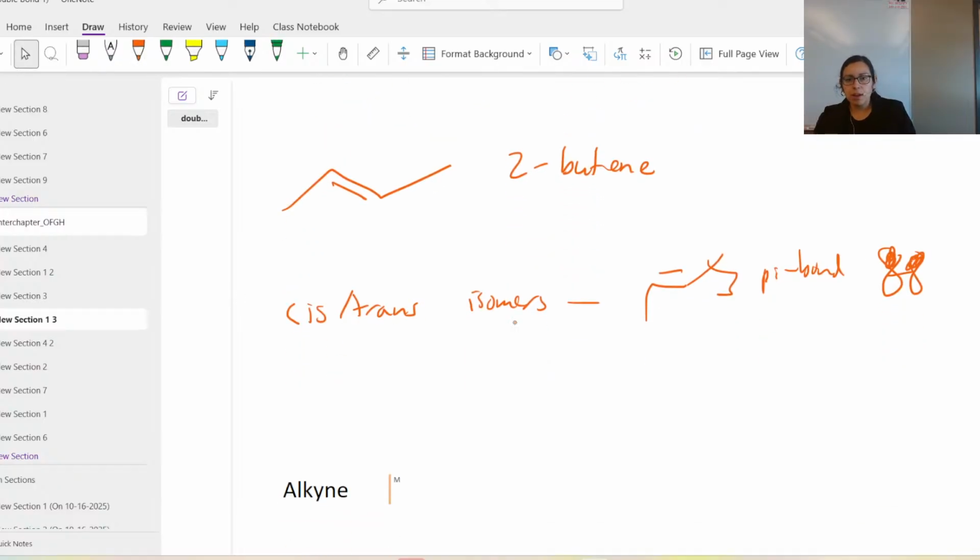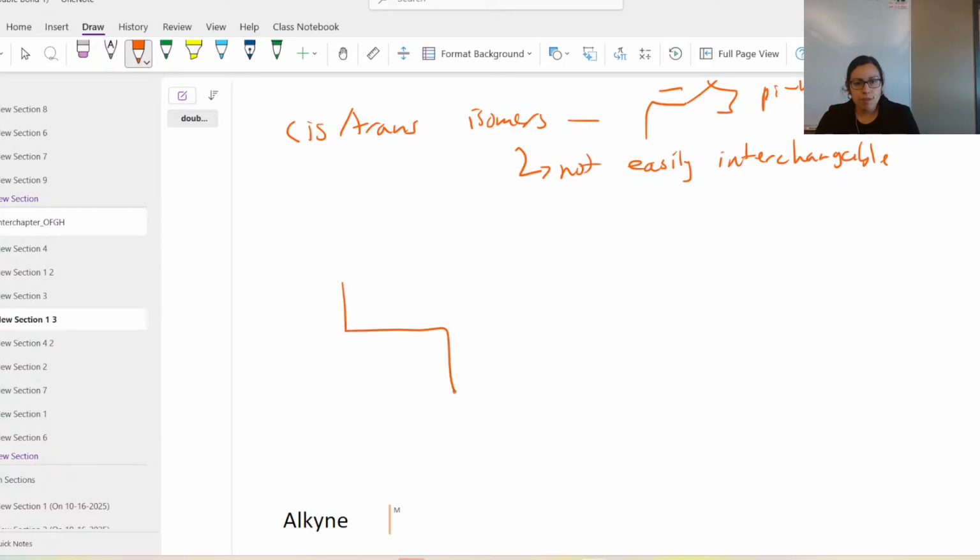And so the whole point of this double bond is that our cis and trans isomers are not easily interchangeable. There is some barrier to rotation. Perhaps if you heated up some of these compounds, you might be able to go from the cis to the trans isomer, but that's not easily done because we would be breaking a pi bond temporarily. So we can't just rotate between the two.